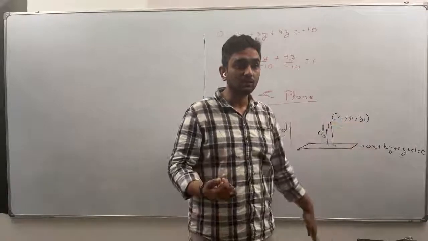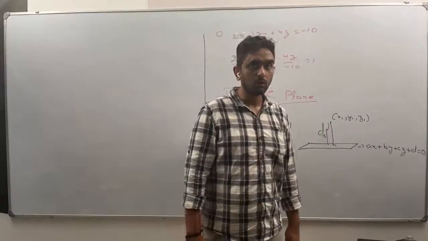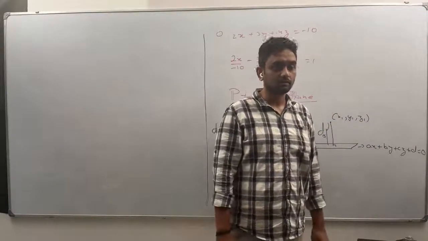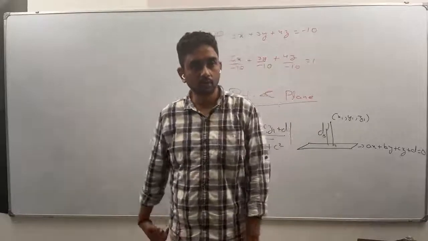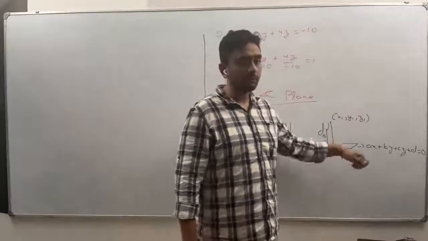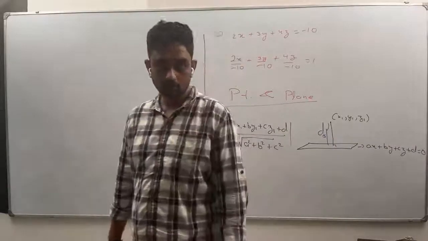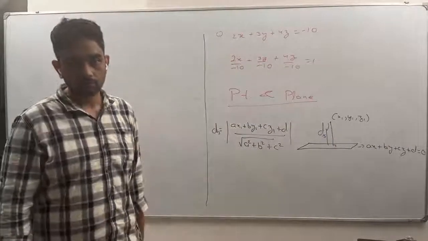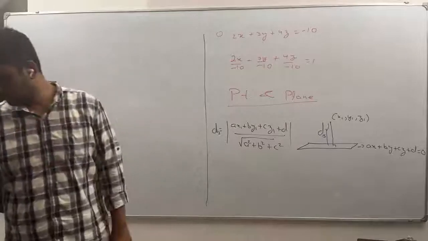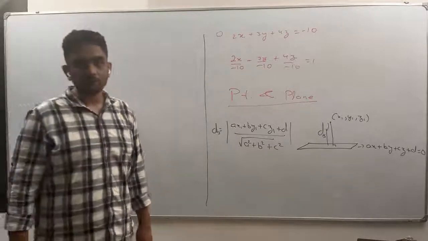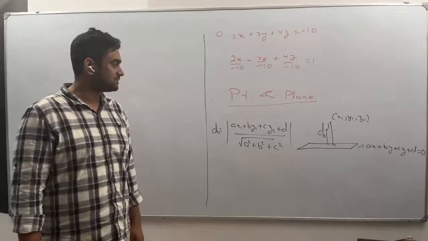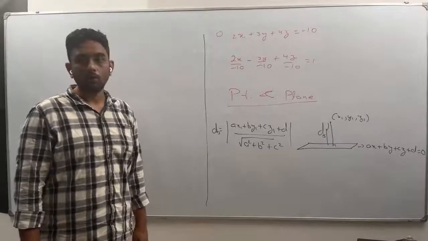A point and normal is given. Clear? Then we find out individually both the distances from origin and subtract them. So you get this. All right, so this is the distance between a point and plane.